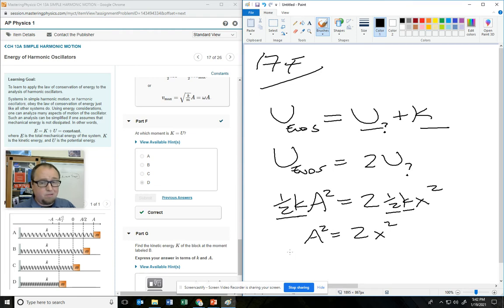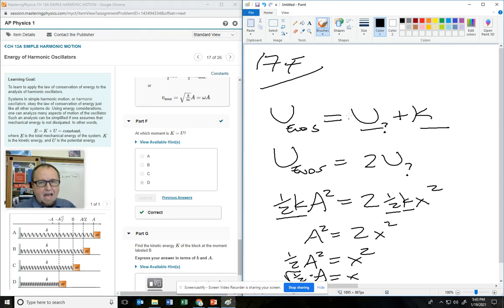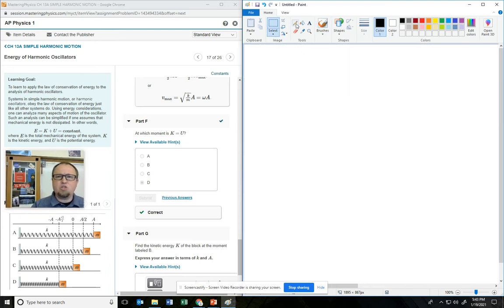So I divide by 2, I get 1/2 of a squared equals x squared. When I solve for x, I square root. So the square root of 1/2 times a. The square root of 1/2 is root 2 over 2, and that's point D. That's beyond AP Physics 1, but I just want to give you exposure to a way to solve that. 17G, I have it in the notes.